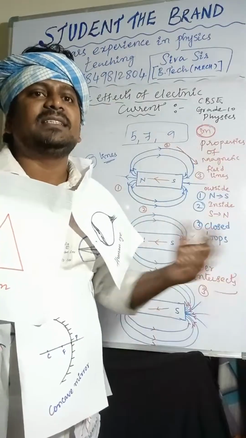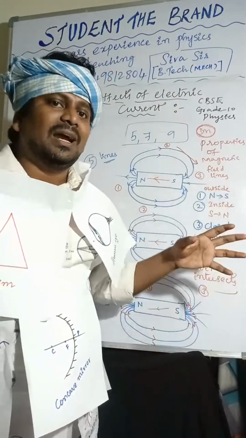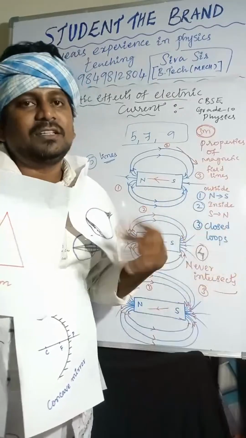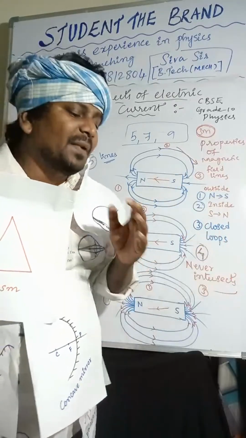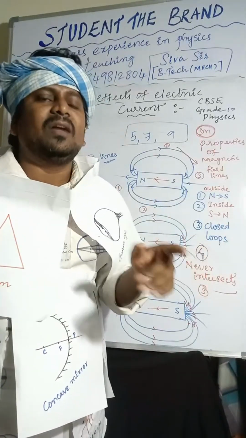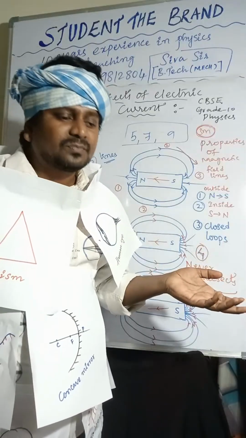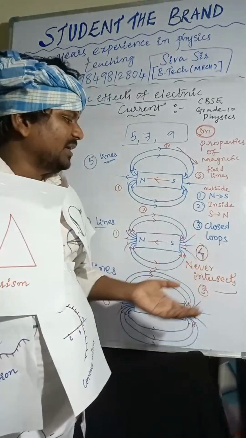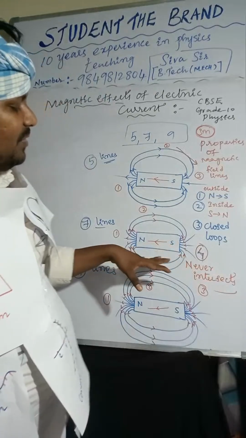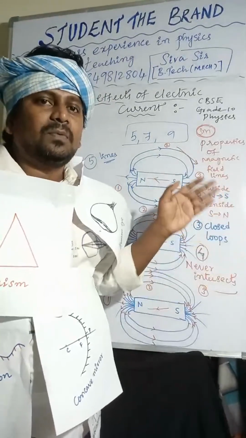If these field lines intersect, the compass should show two directions at a time, which is not possible. The compass will show only one direction at a time. That's why these field lines never intersect. Very, very important for 3 marks.